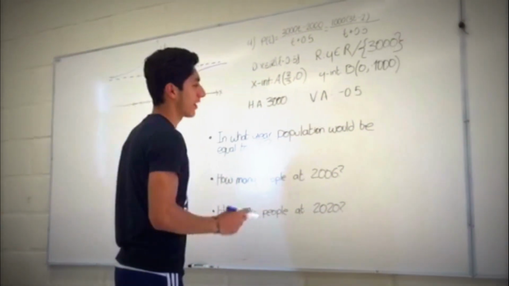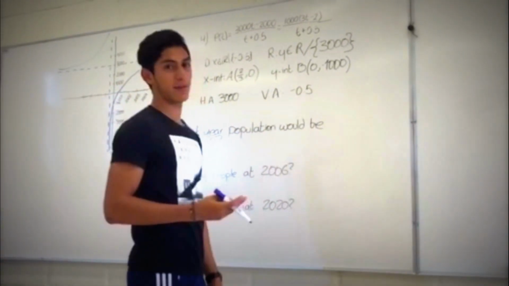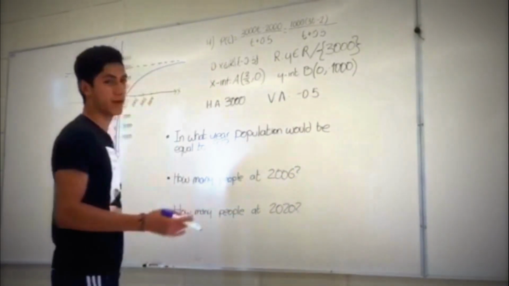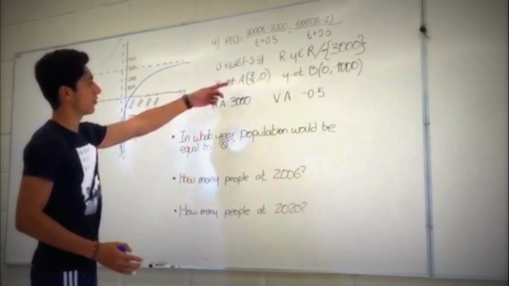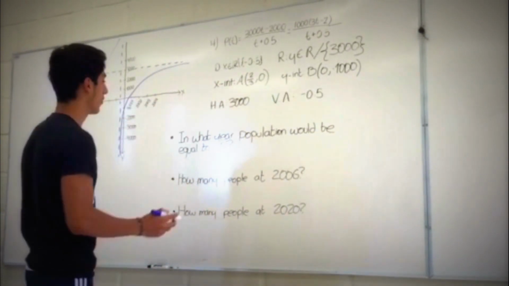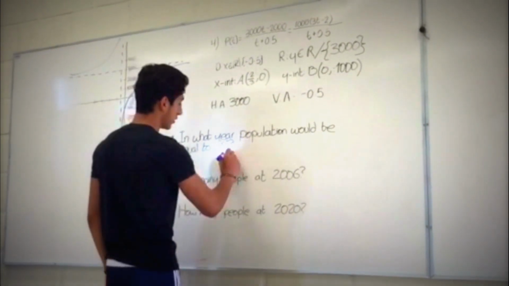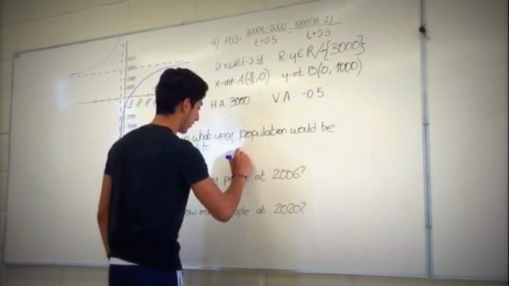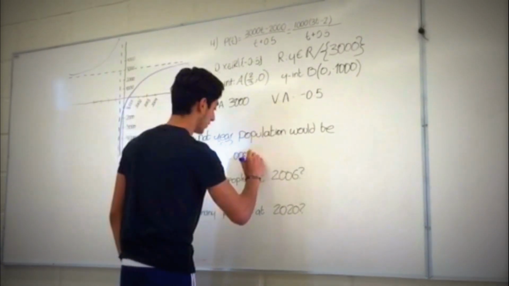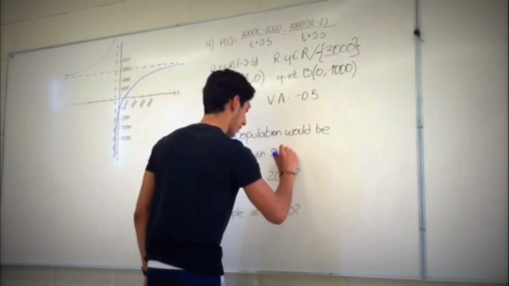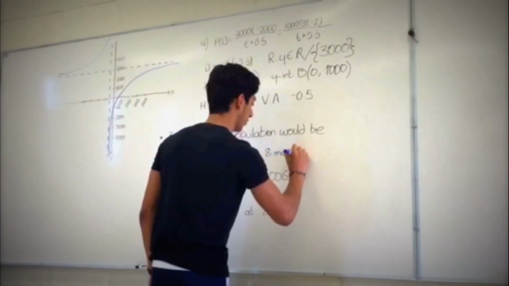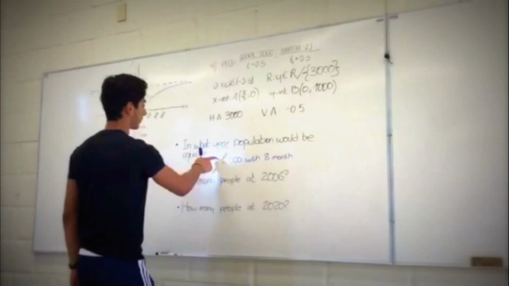Taking that into account, there are 12 months, divided by 3 is 4 months, and we got 2, so it's 8 months. So in the year 2000, with 8 months, the population will be equal to 0.